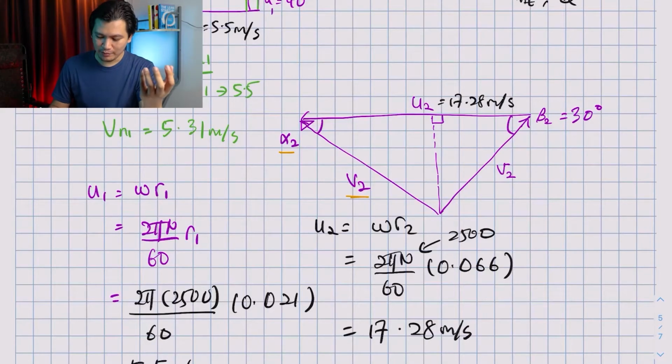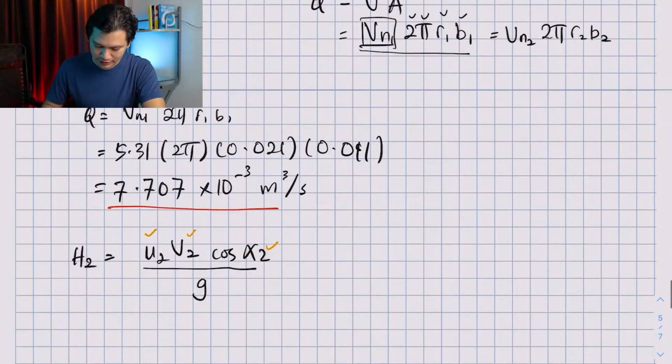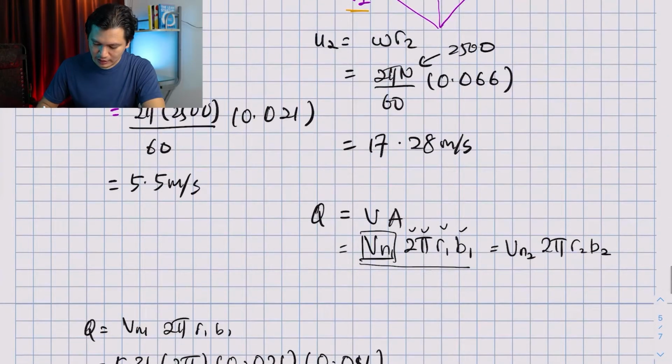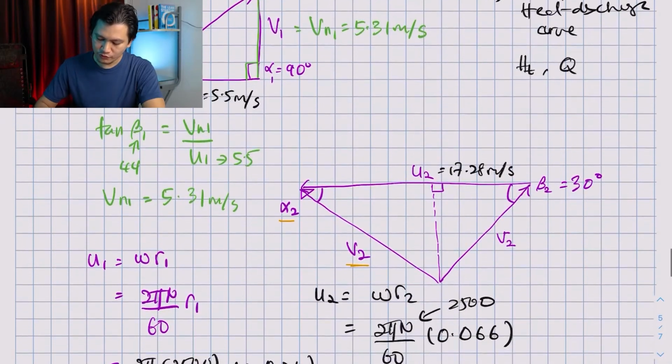If you remember, we already found Q, which is the volume flow rate or the discharge. For the discharge at exit, we can use this equation where we know R2 and B2, and what we don't know now is Vn2. Where is Vn2? Vn2 is here.